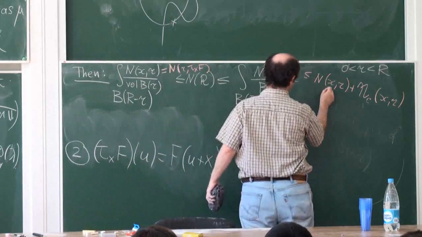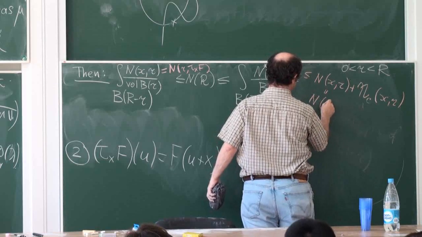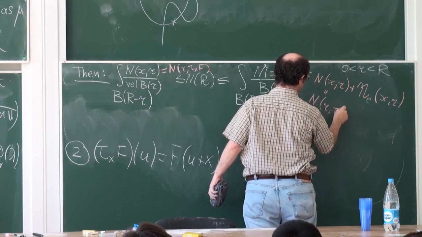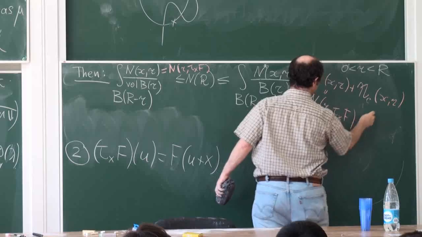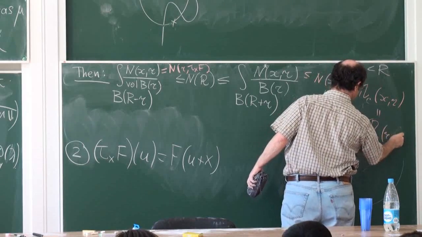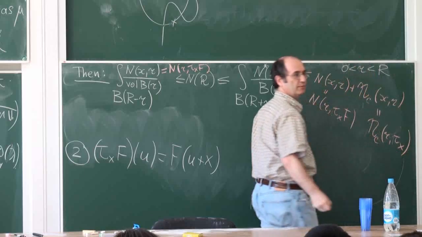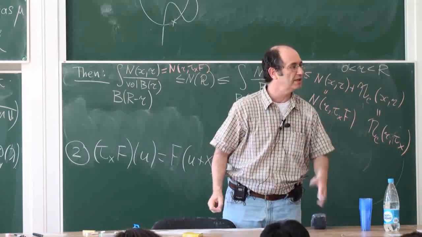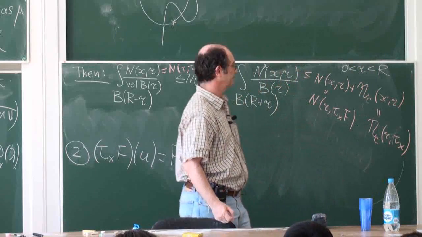And here, this will be again n of small r applied to the shifted function. And then this is this guy of small r applied to the shifted function. Because distribution of our function is translation invariant.